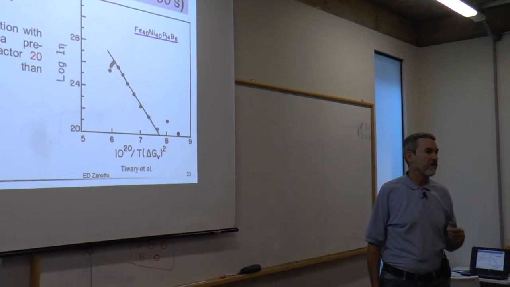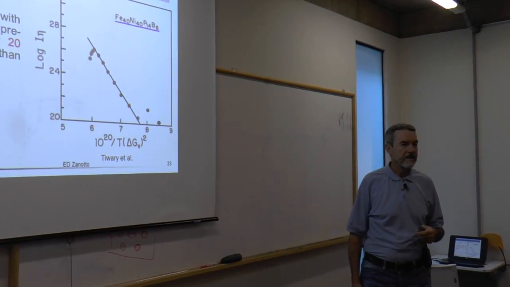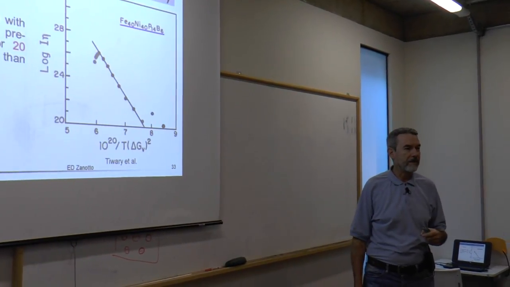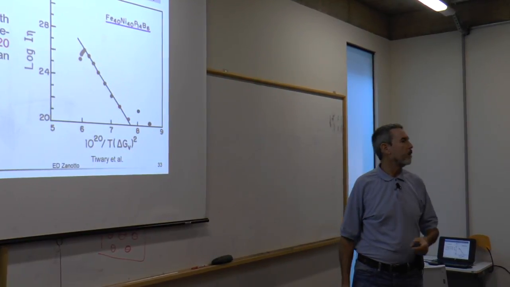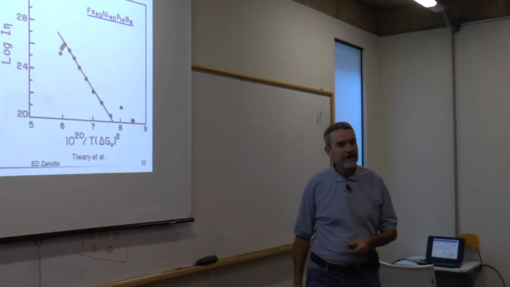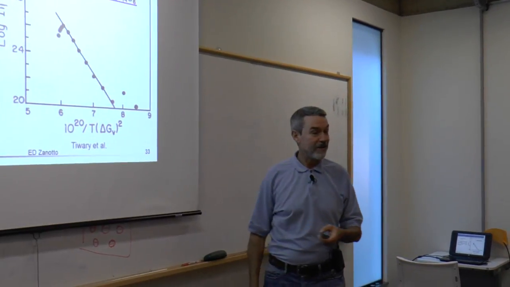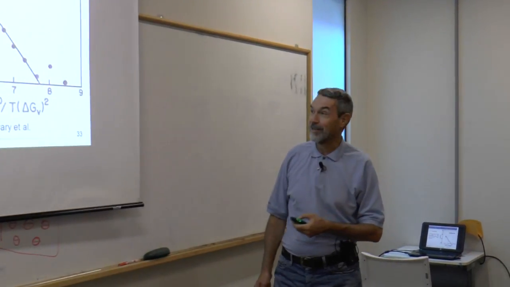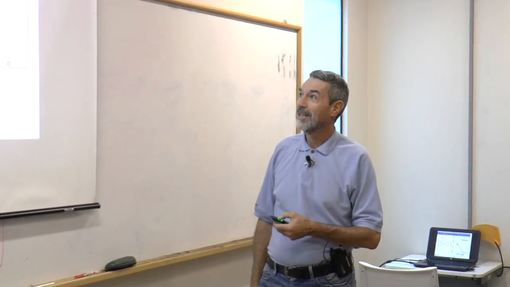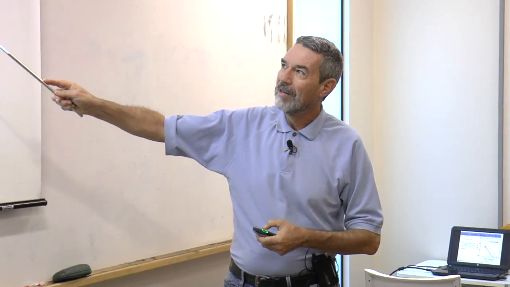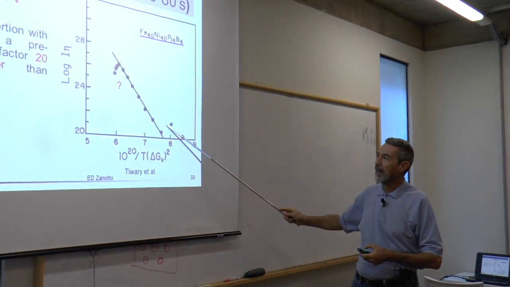Now 20 orders of magnitude is very high. 10 to the power 20. This is in the world record of errors that you can find in science. But, you know, there are a lot of outliers.